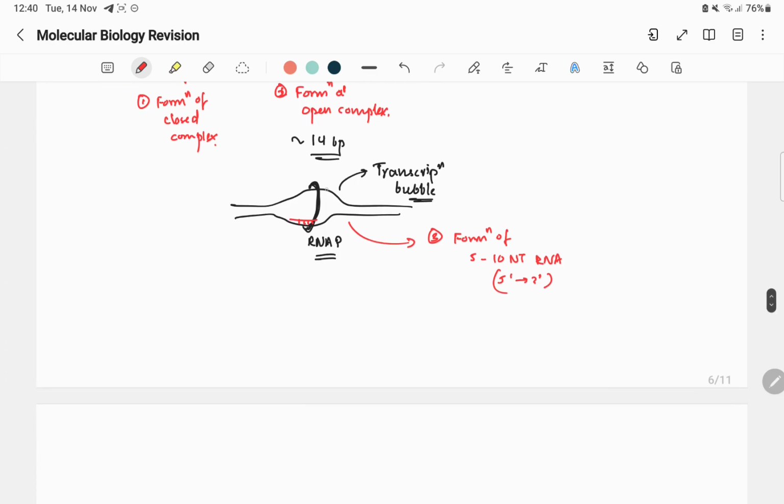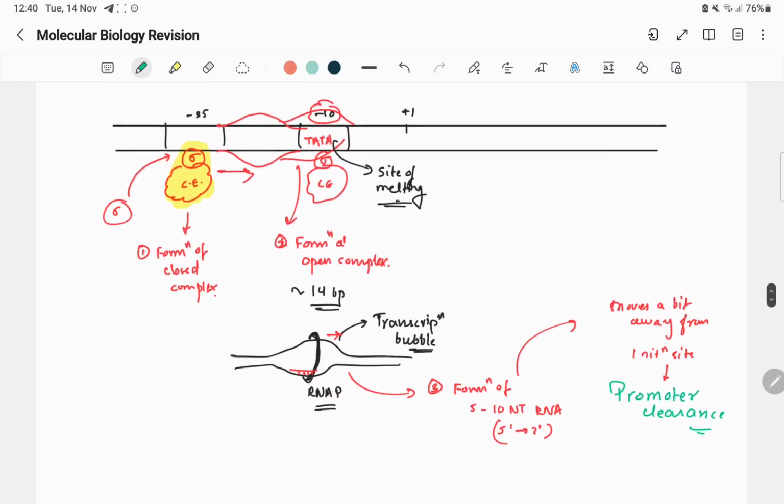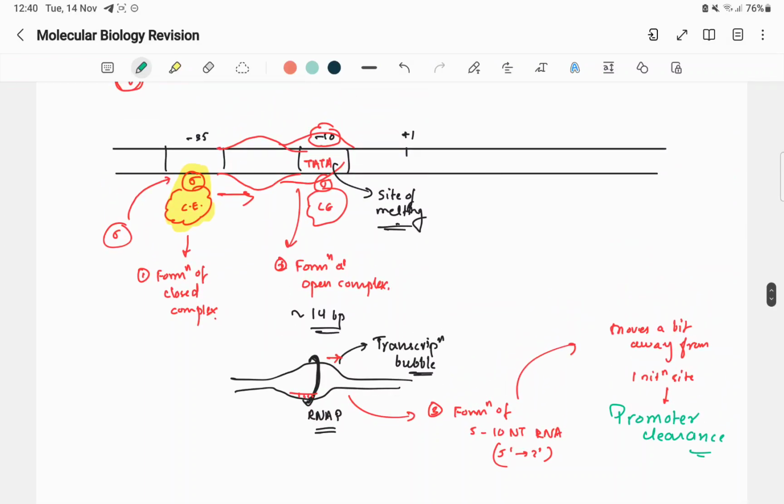Then the RNA polymerase moves a bit away from the initiation site, which is called promoter clearance. Understood? So promoter clearance occurs. This is the whole initiation step.